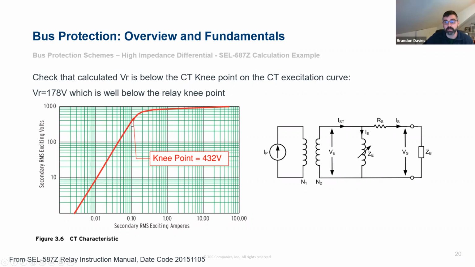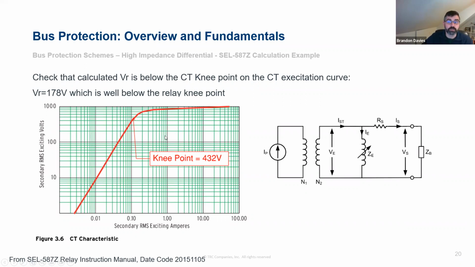Well, what happens is when you hit a certain point, you can't drive any more flux in the core of your CT. So that's where the nonlinear part of this magnetizing branch comes in, and for a very small incremental change in voltage, you're going to have a very large amount of that error current or excitation current.